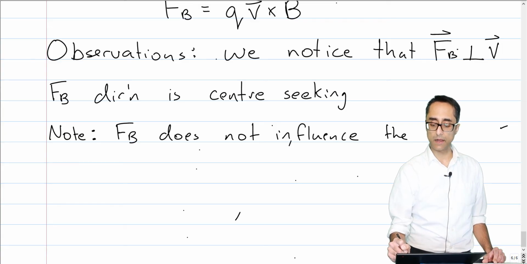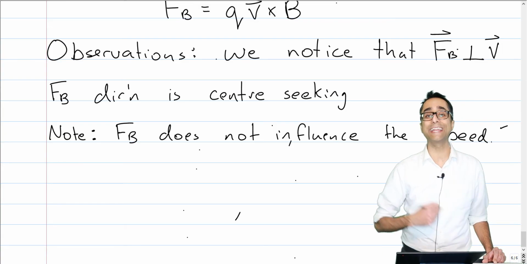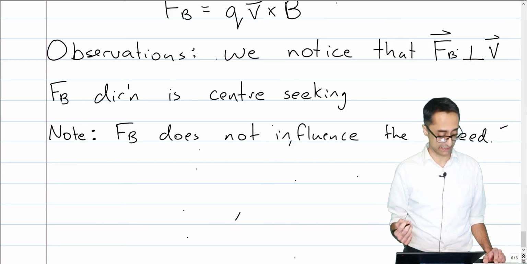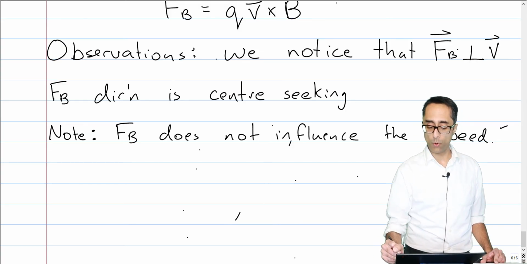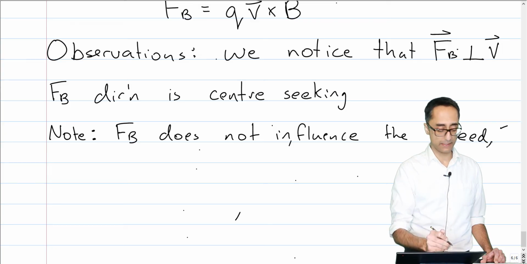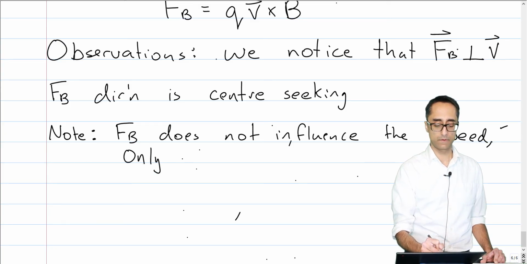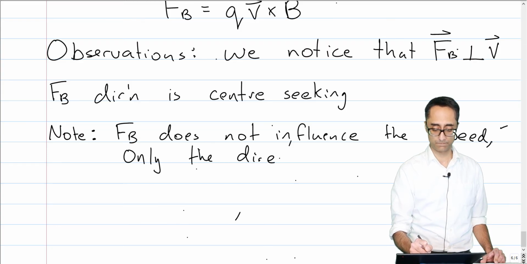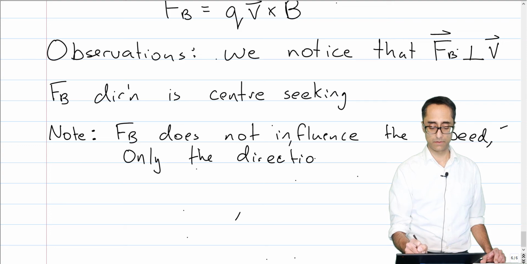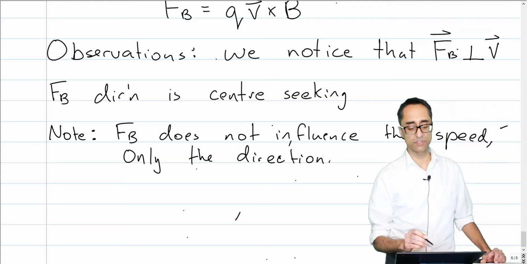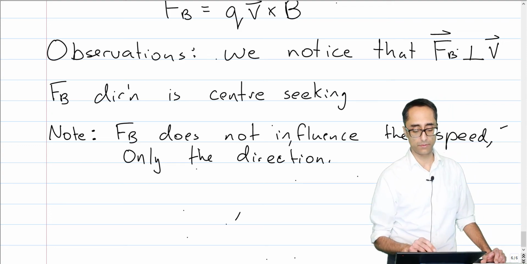The speed of our object will remain constant, and that will be v. The only thing that FB does is change the direction. So FB does not influence the speed, only the direction.